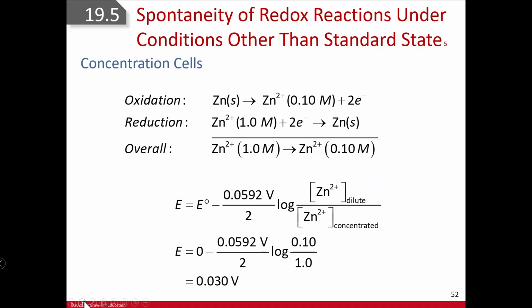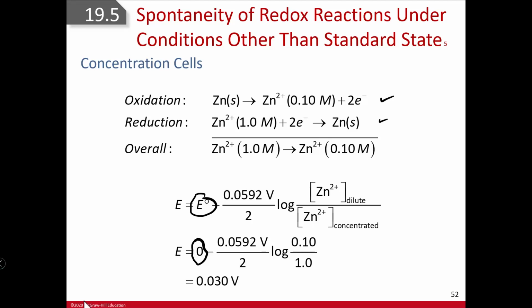So overall, we know what's going on. One place the concentration's lower, that's where the zinc's being oxidized. Where the concentration of the ion's higher, it's being reduced, and we can calculate what that difference is going to be. So the standard cell potential is 0, right? There's no standard cell potential here. They both have the same, it'd be cathode minus anode, it's going to equal 0.